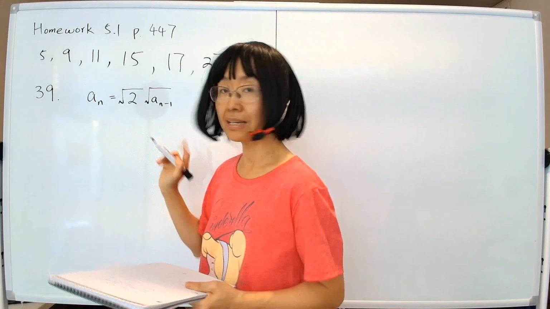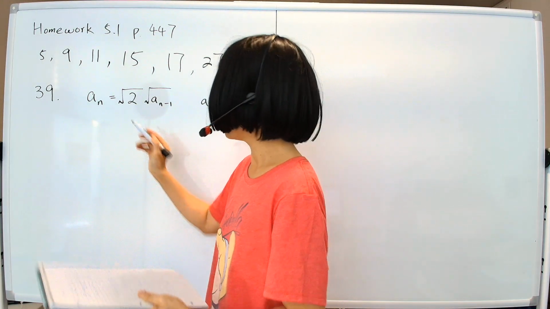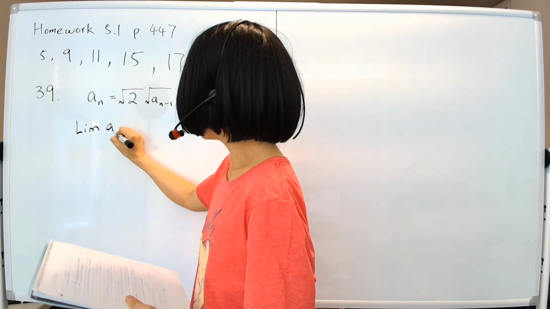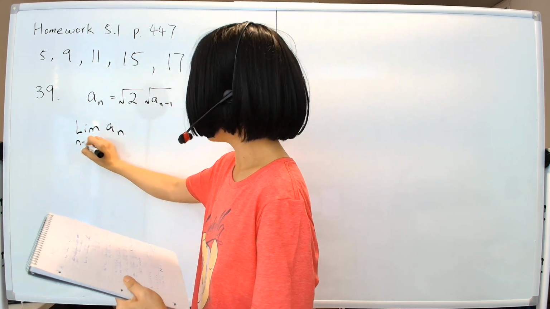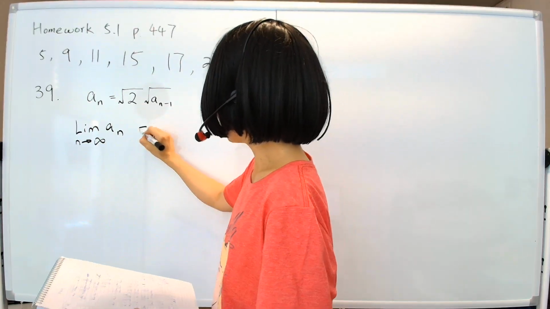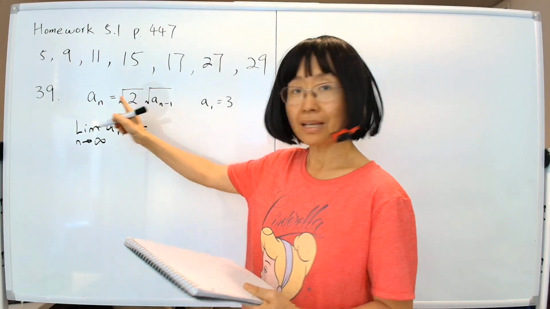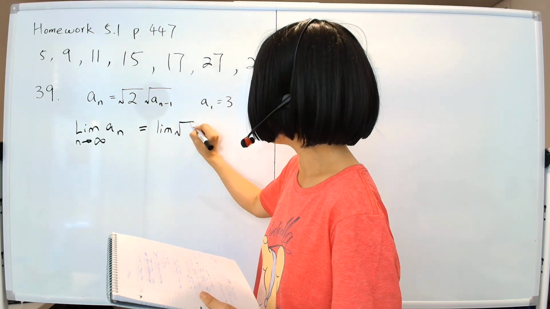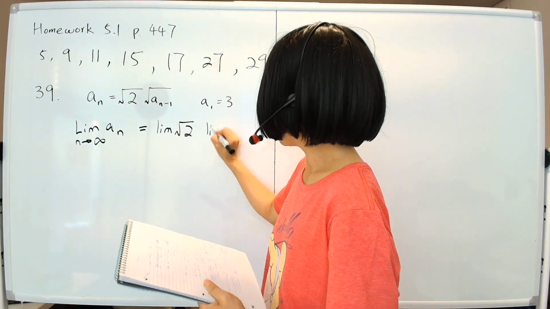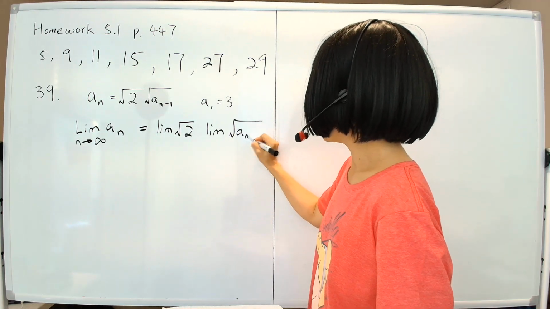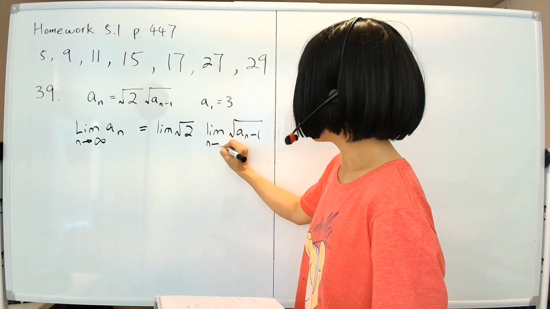So if this thing converges, big if, then the limit exists, then the limit of a_n as n approaches infinity, as you remember, the limit can be split up, so that is the limit of square root of 2, which is just square root of 2, and then the limit of square root of a_(n-1) as n goes to infinity.